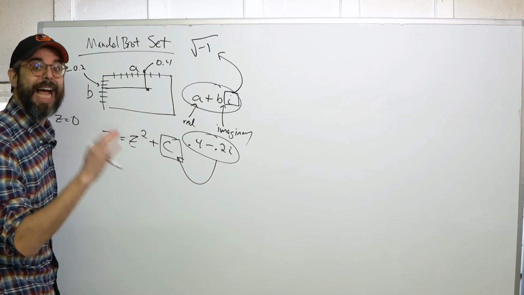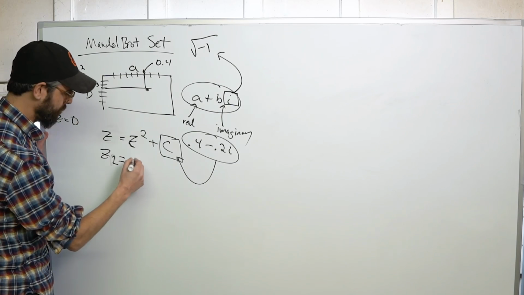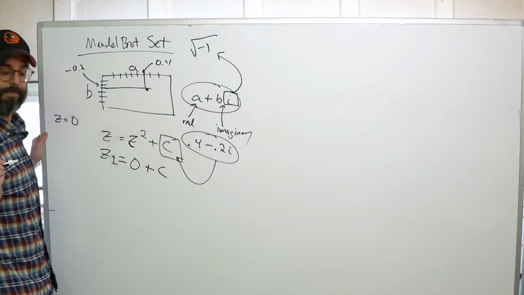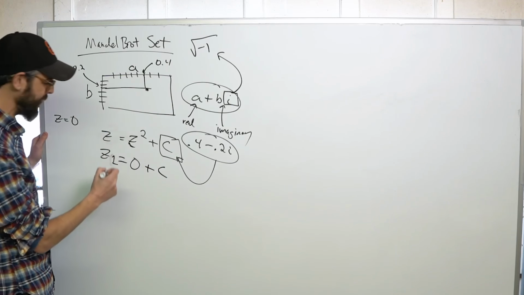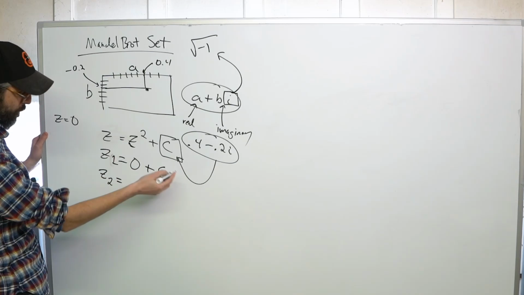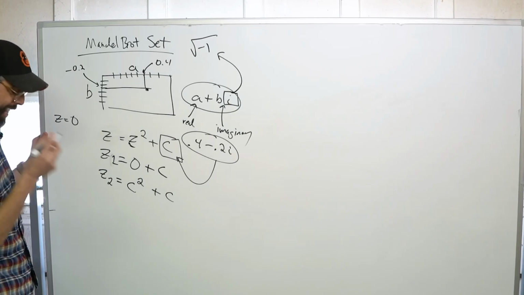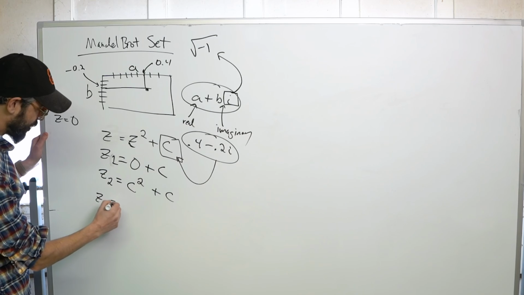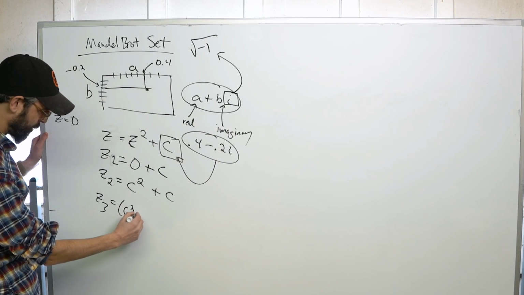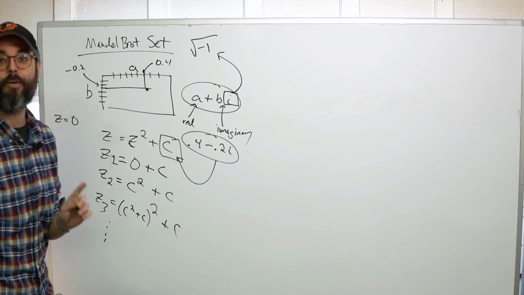So z iteration 1 equals 0 plus c. So now this is the new value of z. So at z iteration 2, I get what's 0 plus c is c, c squared plus c. And then at iteration 3, I'm going to take this value, c squared plus c, square it, plus c, and so on and so forth.